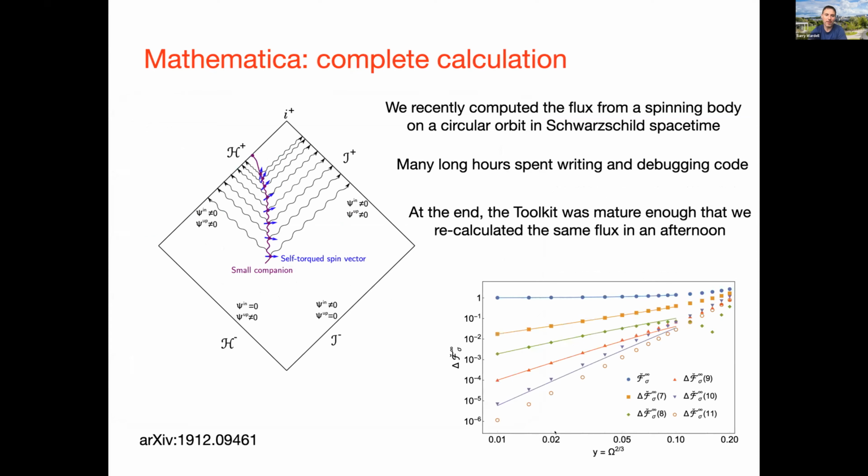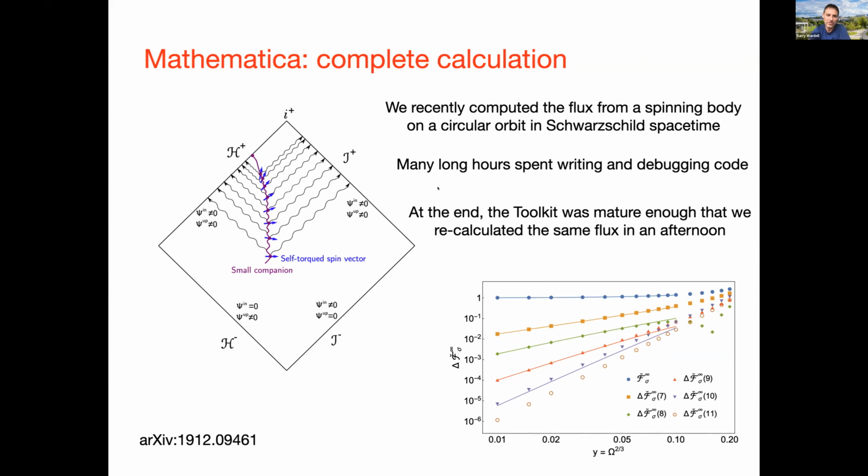So I've shown you a couple of the Mathematica packages now. They're certainly very useful for interactive and analysis type problems, but they're also very useful for doing serious science calculations. A very nice example was at the end of 2019, so about two years ago. I worked with a number of collaborators on a calculation where we were trying to add spin to the small black hole. So we were trying to compute the flux for a spinning body on a circular orbit in Schwarzschild.